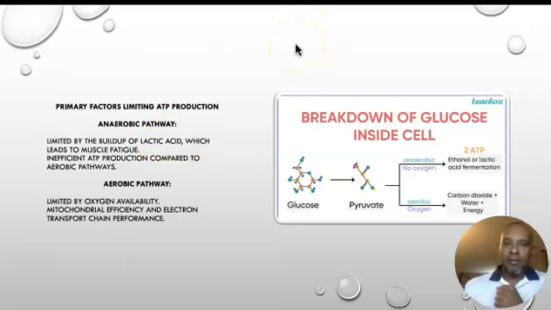Now, if we want to talk about the limits or limitations for the production of energy or ATP in our bodies during exercise, we need to first look at the anaerobic pathway, which doesn't use oxygen. It's limited because it produces lactic acid. As this lactic acid builds up, it leads to muscle fatigue, making it harder to keep going.